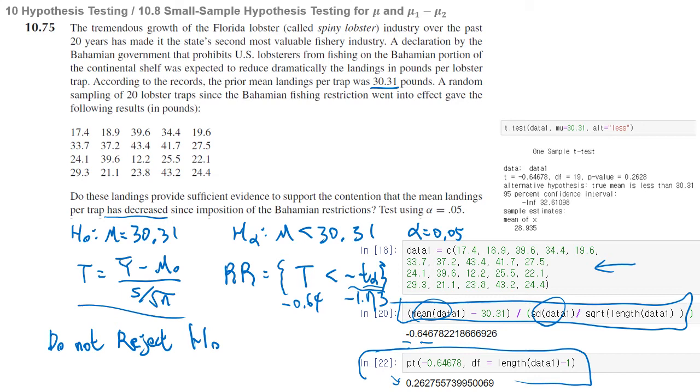Actually, we can do this t-test more easily like this. If data1 is your data, then you can use the R function t.test to do the t-test. If you go out in the industry or academia after you graduate from university, then when you are doing a t-test, you are probably going to use this function.